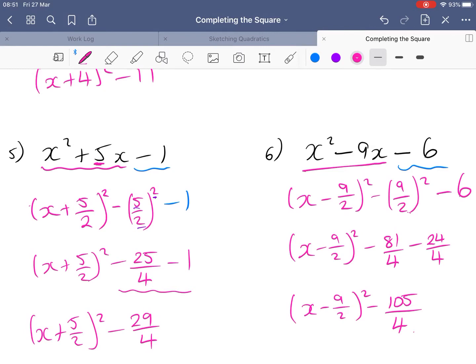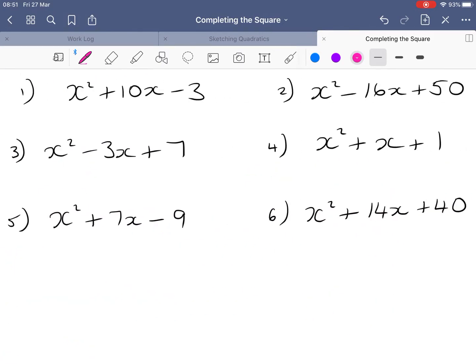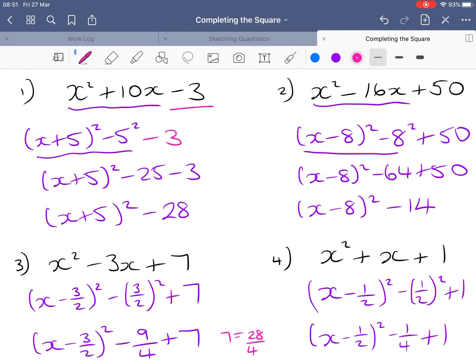Okay, right. Here's 6 for you to have a go at. Do them, then press pause, and I will show you the solutions when you press play again. So 1 and 2, quite straightforward, because when you halve 10 you get a whole number, when you halve 16 you get a whole number.